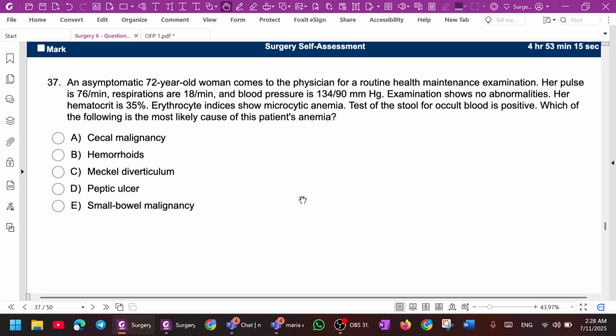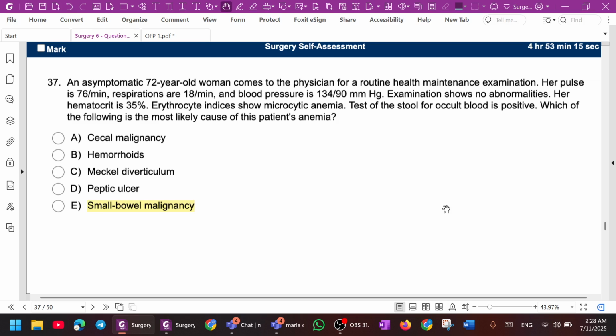Is it small bowel or cecal malignancy? I think it's malignancy. Yeah. Older woman, microcytic anemia. Yeah, but it doesn't say she lost any weight. Maybe you are thinking about peptic ulcer disease.